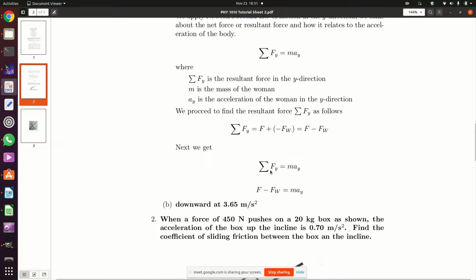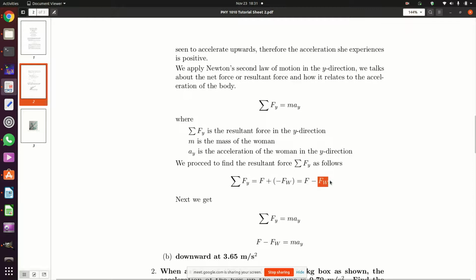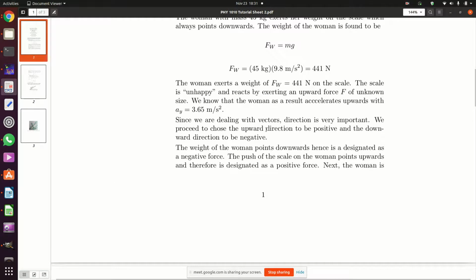So we do this. So we know these bits. This bit we know. It's F minus FW. The F is the force of the spring on the woman. It's pointing up. Then the FW is the weight of the woman on the spring. It's pointing down, so it's negative from the choice of directions we made up here. We decided to say up is going to be positive, down is going to be negative.